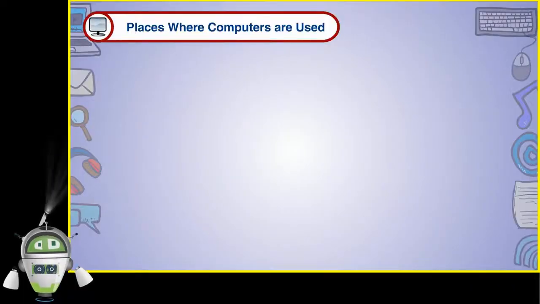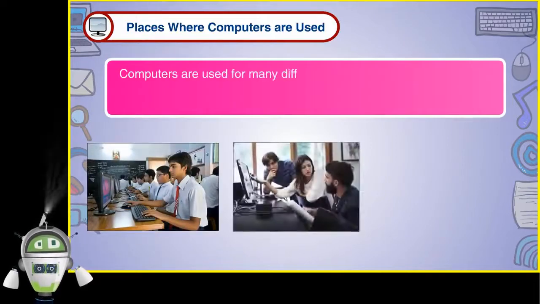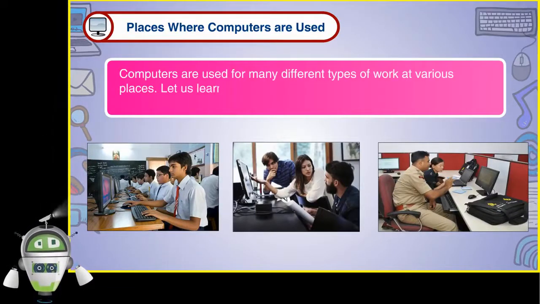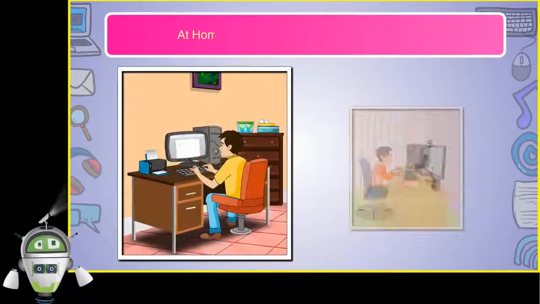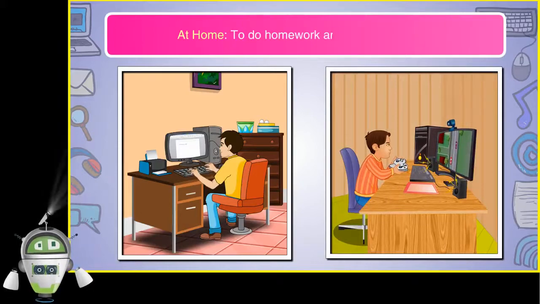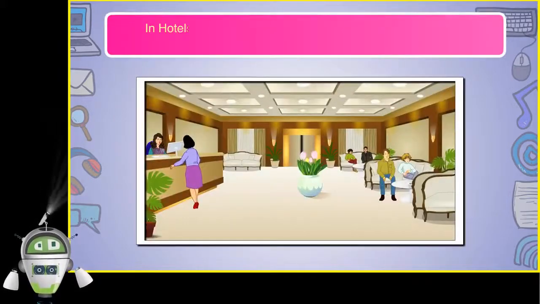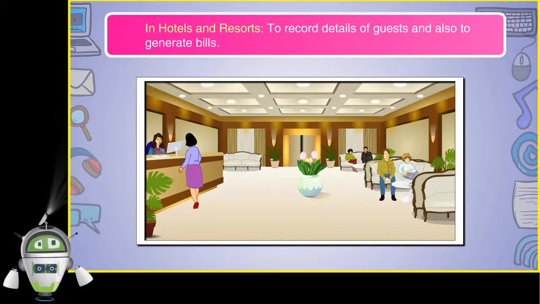Places where computers are used. Computers are used for many different types of work at various places. Let us learn about some of the places where computers are used. At home, to do homework and to play games. In hotels and resorts, to record details of guests and also to generate bills.